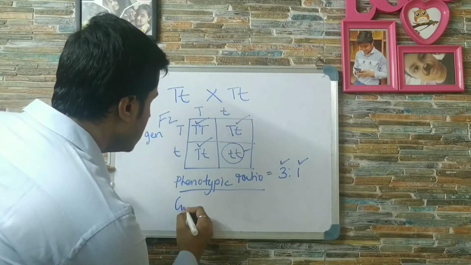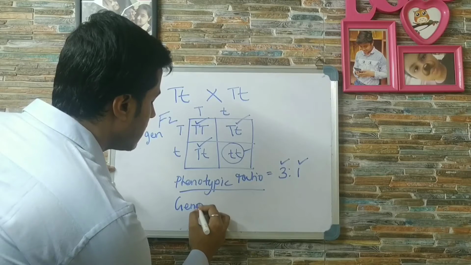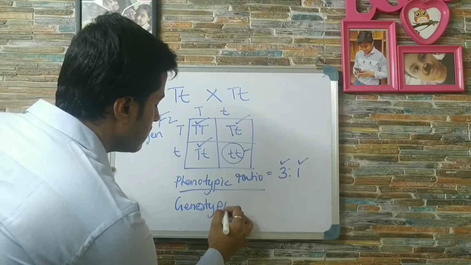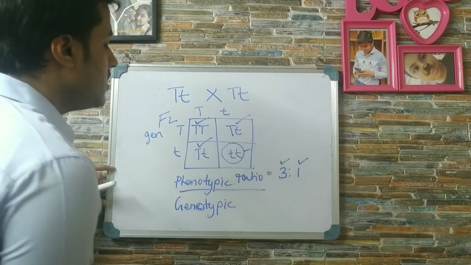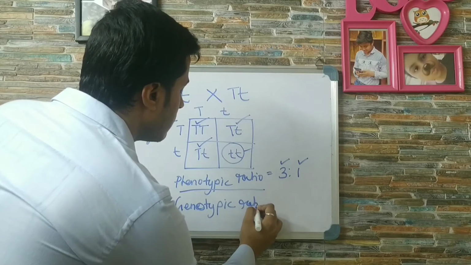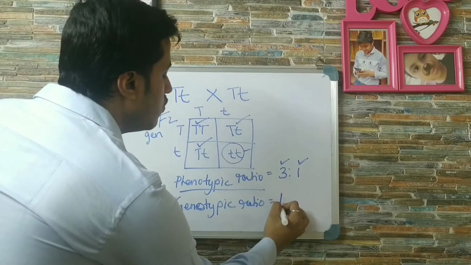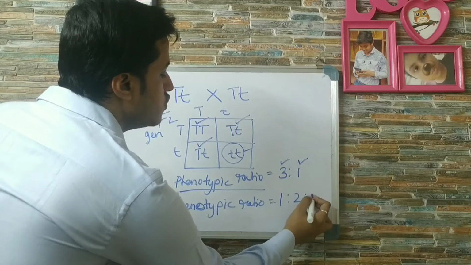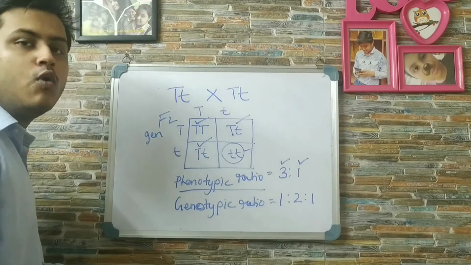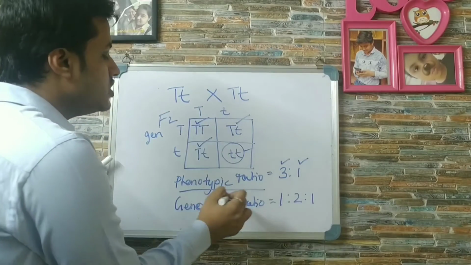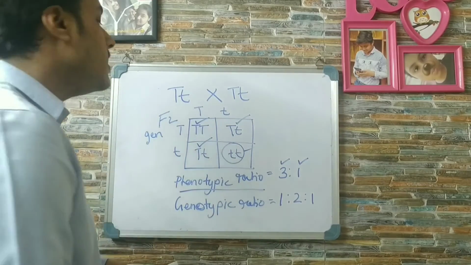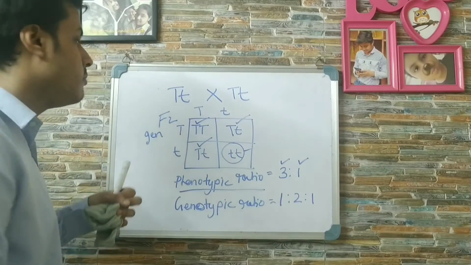Now the next one is the genotype. Now the genotypic ratio of this will be 1:2:1. Now how 1:2:1? In genotypic character we are actually considering the genetic makeup of this.